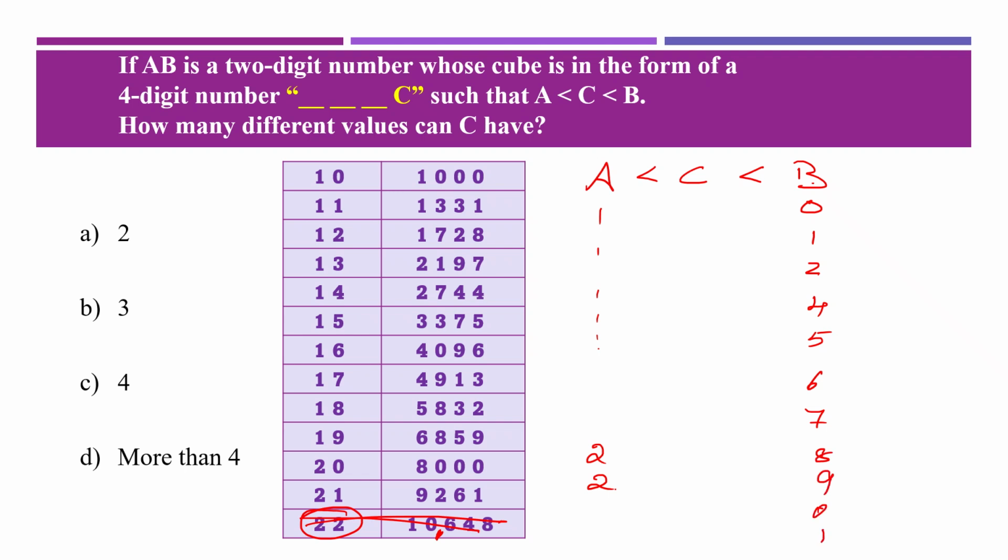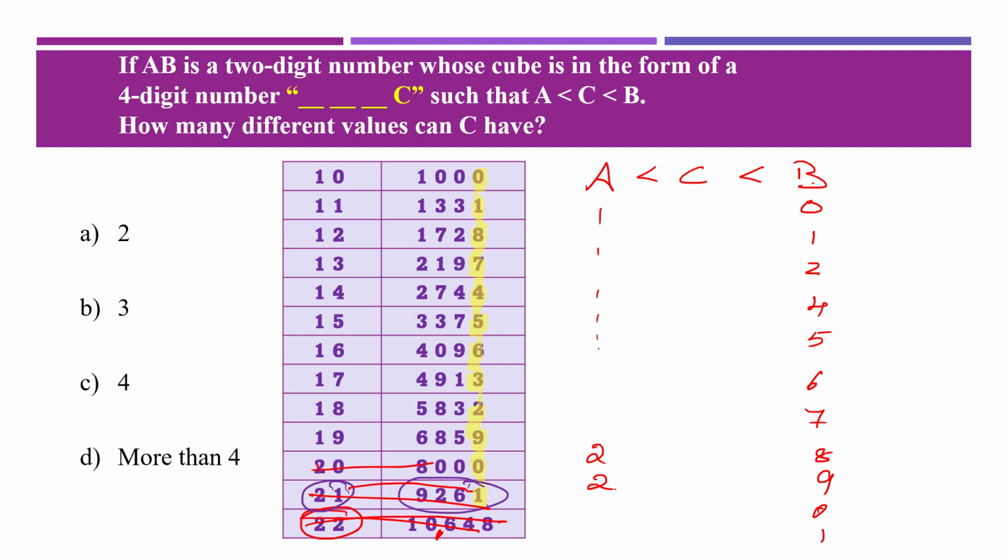Great. So let's note down the C value now. It is 0, 1, 8, 7, 4, 5, 6, 3, 2, 9, 0, 1. In this case, it's ending with 1 and here with 1, so B and C are equal, and we eliminate them.